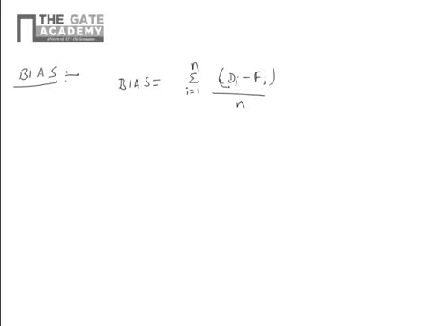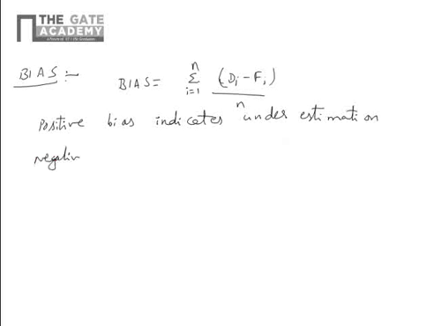So positive bias indicates underestimation, and negative bias indicates overestimation. So that's about errors calculation.